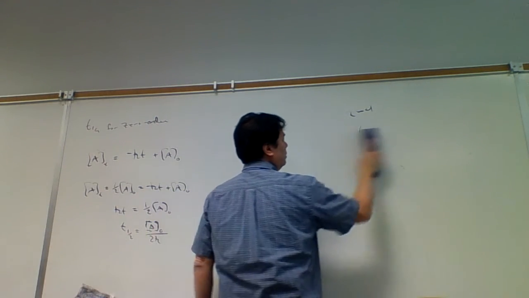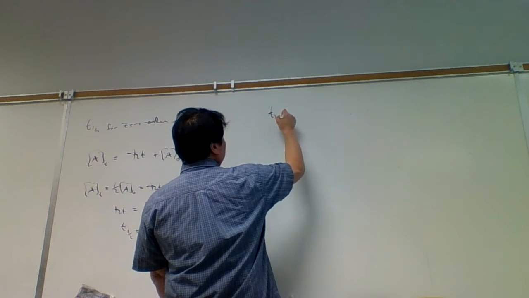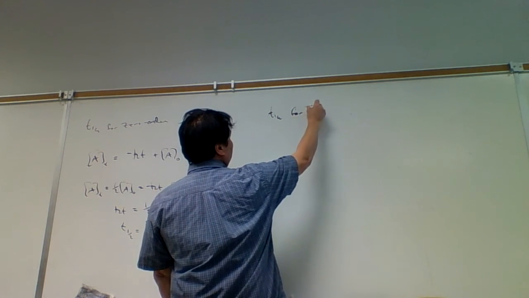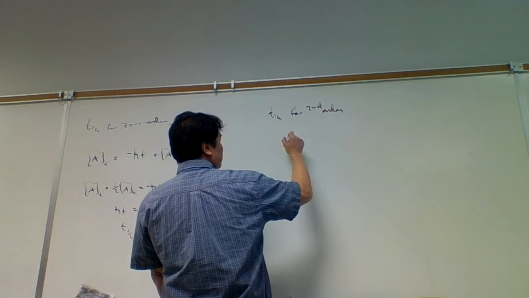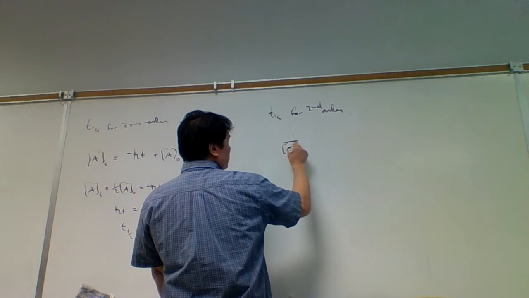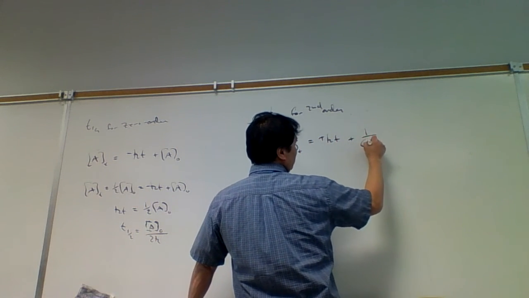For second order, these equations you don't have to memorize, but for T1/2 for second order, the equation looks like this: 1 over A of t is equal to plus kt plus 1 over A0.